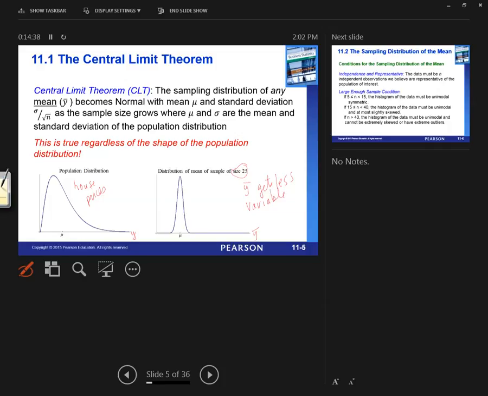So maybe a sample size of 5 wouldn't be big enough for it to be normal. But as n gets bigger, as n goes to infinity, the distribution of y bar gets more normal.